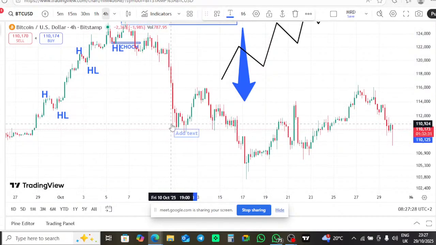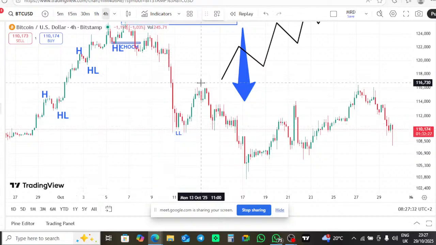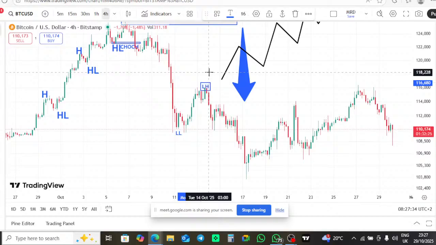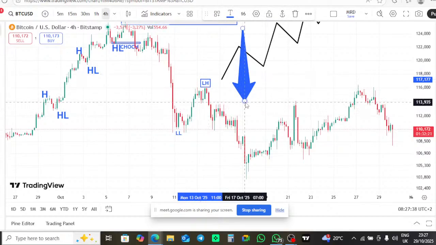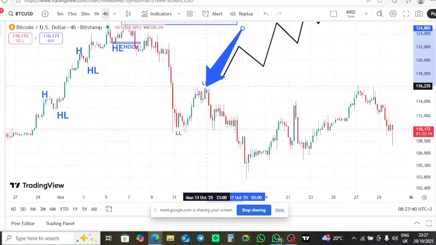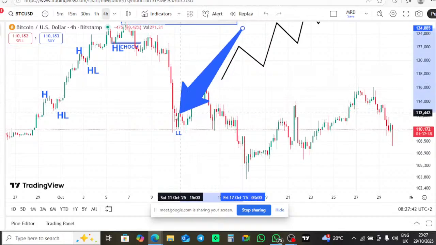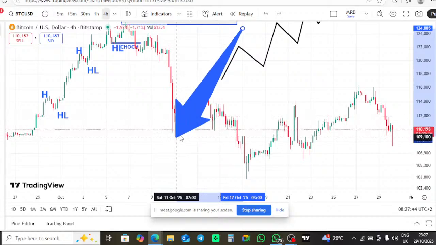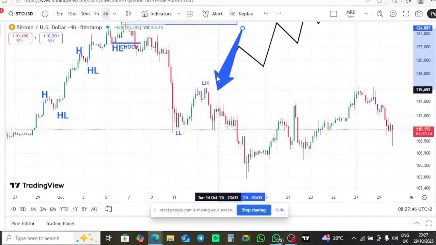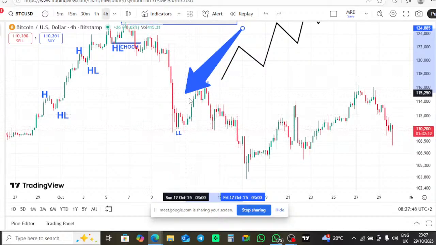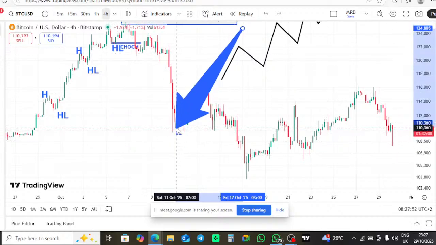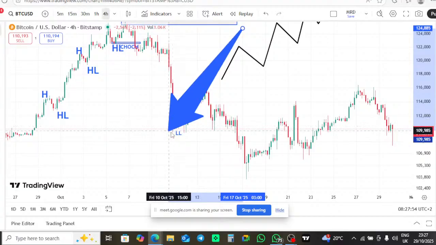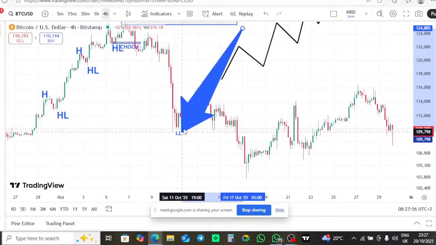This is a low, this is a low, then this is what we call the lower high. Are we together? Lower high, meaning it is still in a downtrend. You expect the market to come again and break this level. If you see it failing here to continue moving up, it means we are most likely to come and break the level. Are we together?